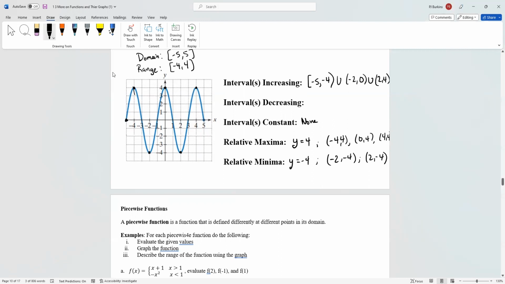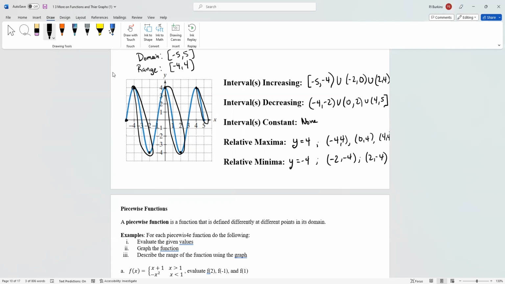So that's going to be this region, and this region. So that should be from -4 to -2, 0 to 2, and from 4 to 5, and we equal 5.